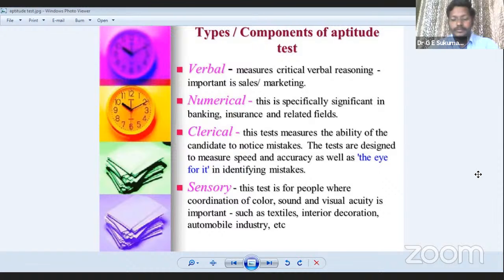So this is how you can check whether a person is good at motor abilities, which is called mechanical ability. And differential aptitude test talks about different aptitudes, as we have different parts. So this is talking about multiple aptitude tests also, and special aptitude test is talking about specific aptitude.